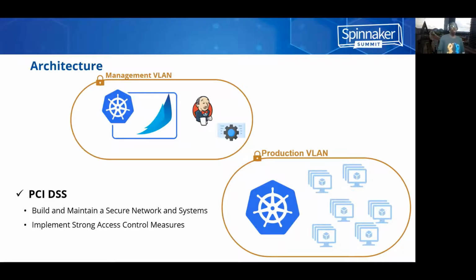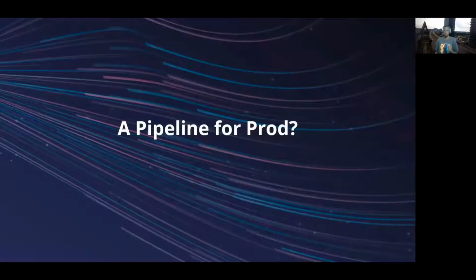Since most of our engineers would be running on the test VLAN, having everything in separate VLANs makes it easier for us to ensure access control. You don't have access to the prod VLAN except and only if you need it. These are two goals of the PCI DSS checklist that we've achieved by having three different VLANs.